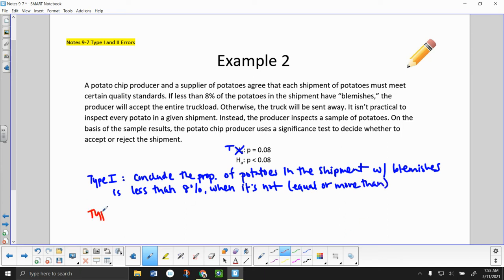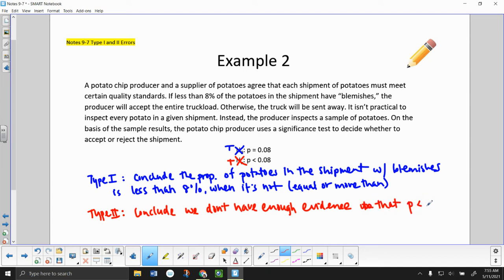And then a type 2 is going to be the opposite. Type 2 is we fail to reject our null when the alternative is true. So we conclude that we don't have enough evidence to conclude that, I'm just going to put the symbol, P is less than 0.08 when it really is.